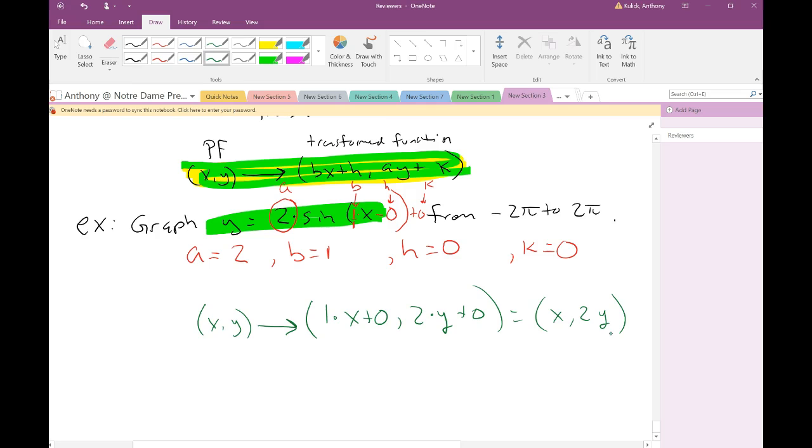Is everybody okay with that idea? So this (x, y) over on the left-hand side, these are points in our parent function. These (x, 2y)'s are going to be points in our transformation.